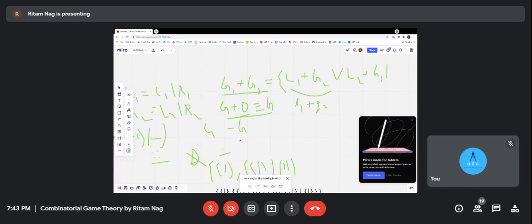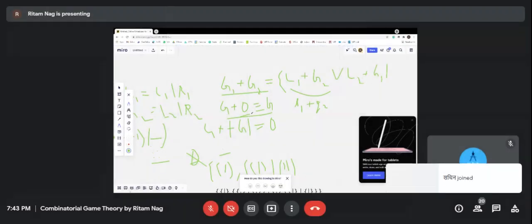To define equivalence, I'll actually need minus G. Yeah. So that is actually more convenient for me. At this point, right away, you won't actually have G plus minus G equals 0 because our definition of equality won't be strong enough. Or would it?